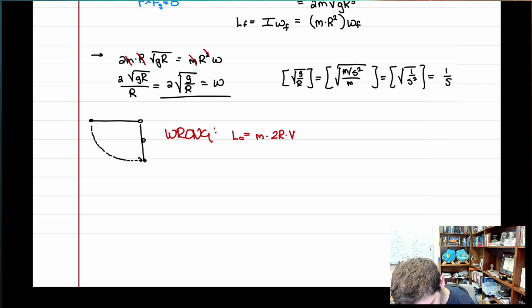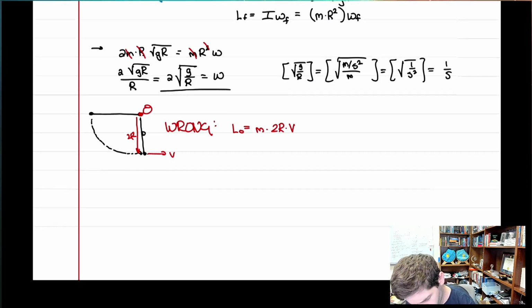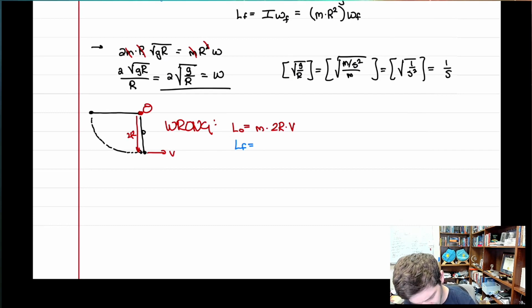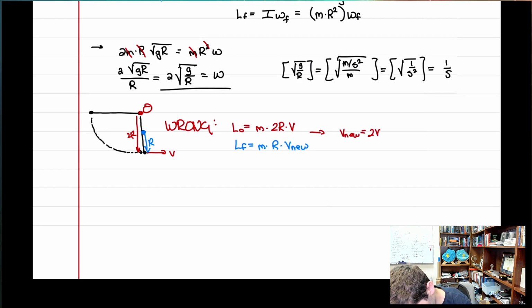So you might take this as your origin, measure the angular momentum down here, which is 2r, it has some velocity, and then use that to do the initial angular momentum, but then say, oh, well, then the final angular momentum is m times just r times v new, where in that case you're saying, okay, the rotation axis has changed, I'm going to measure now the angular momentum from the new nail, and it still has a mass m, but maybe its velocity has changed, in which case you might then say, well, then it looks like v new equals 2 v original.